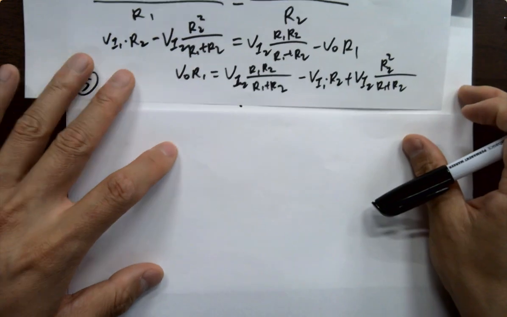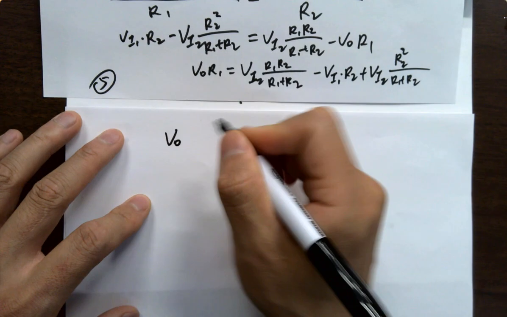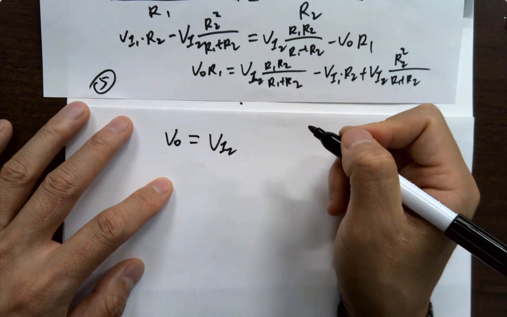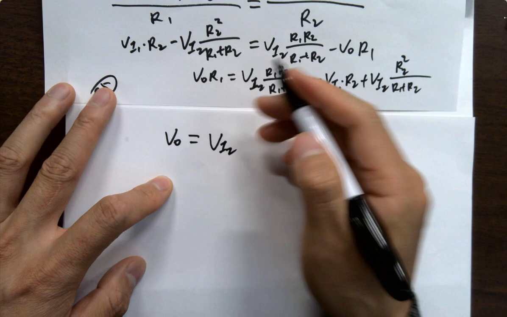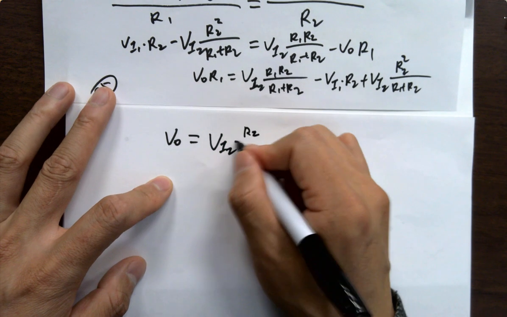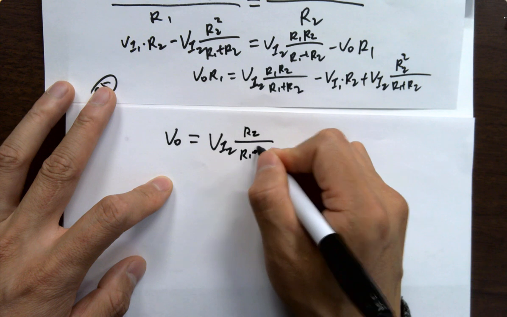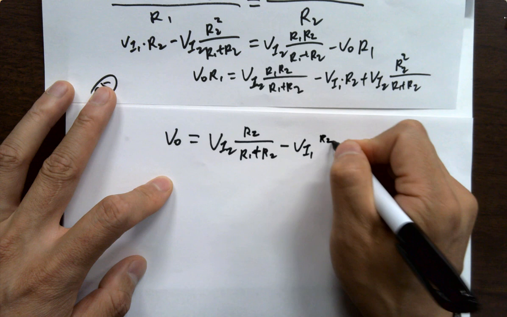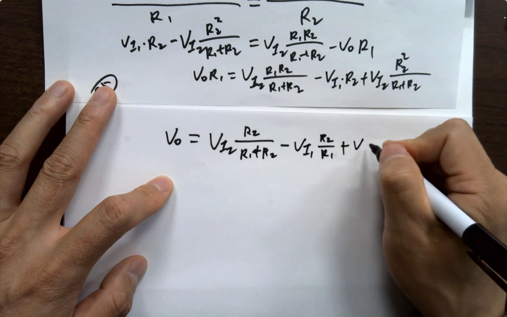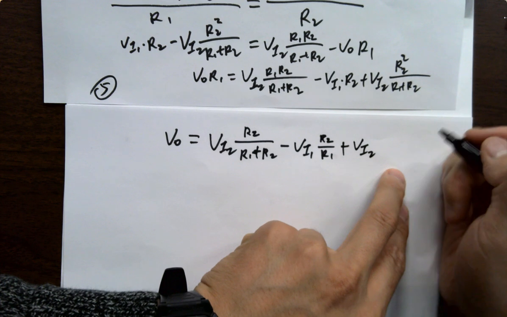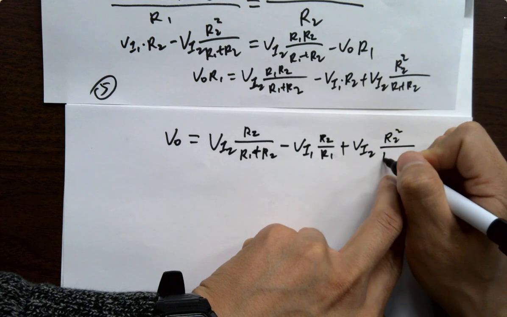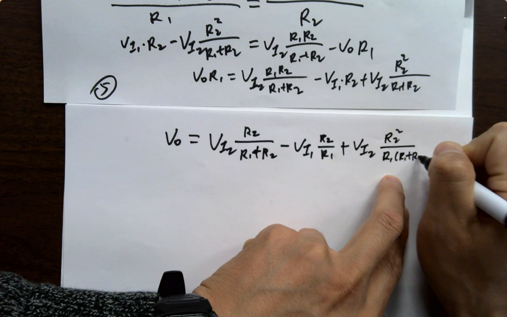And next, Vout equals VI2, dividing by R1 on both sides of the equation. We have R2 left on top, R1 plus R2, minus VI1 R2 over R1 plus VI2 R2 square over R1 plus R2.